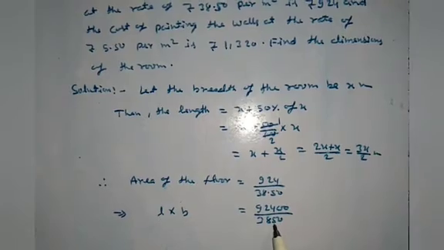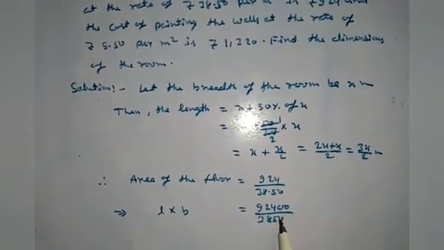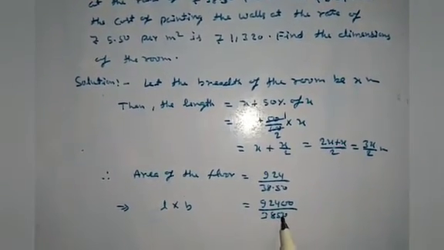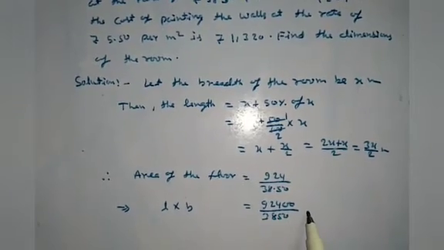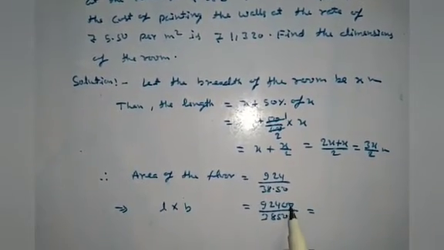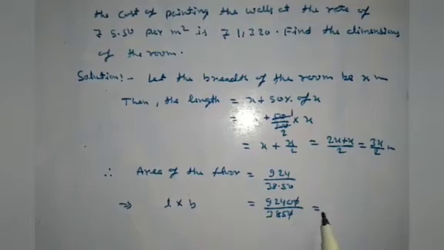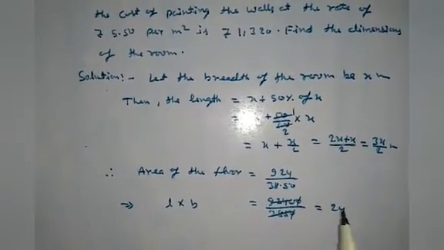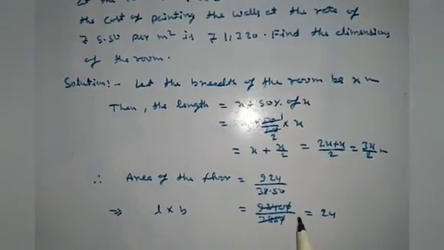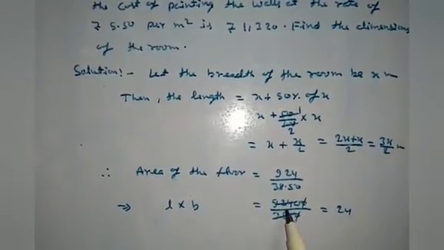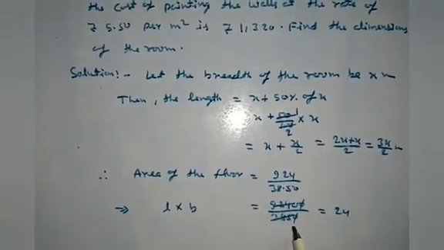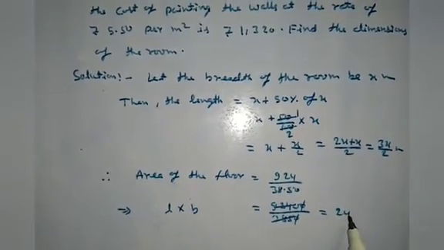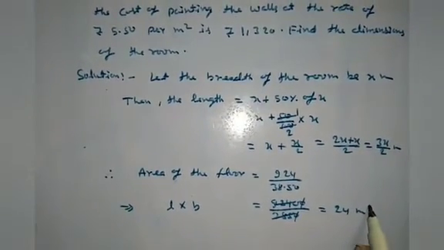This becomes, after removing the decimal, 0 and 0 cancel, 24 times, since 9240 is divisible by 385, so equal to 24 meter square.